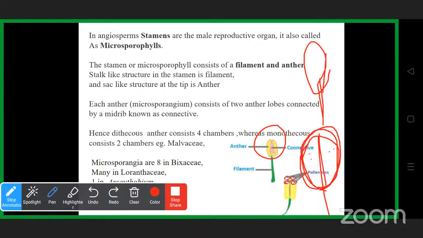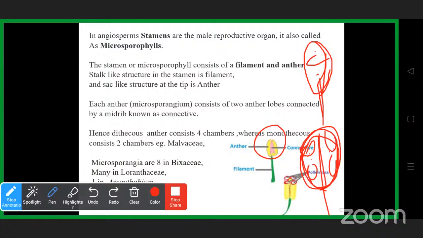Bilobed. Each lobe again has two lobes, so that there are four lobes.